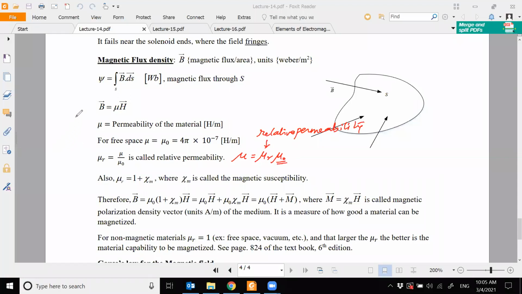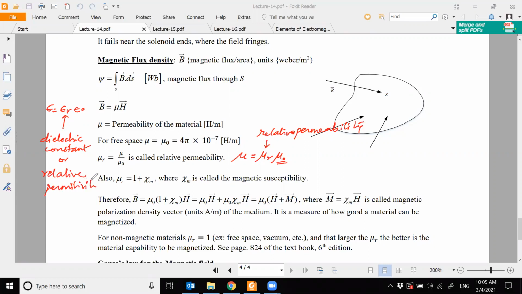Very similar for electrostatics, epsilon is epsilon r epsilon naught. This is called the relative permittivity, or very commonly the dielectric constant.